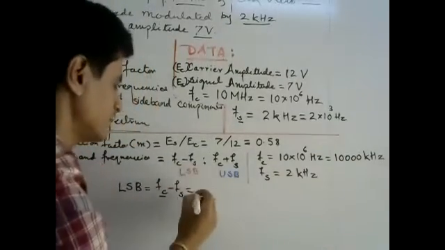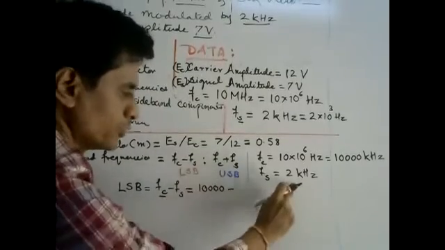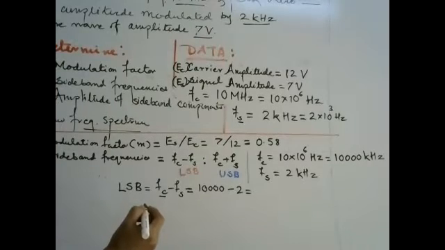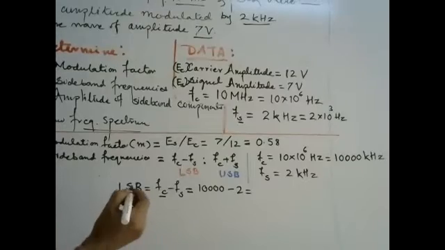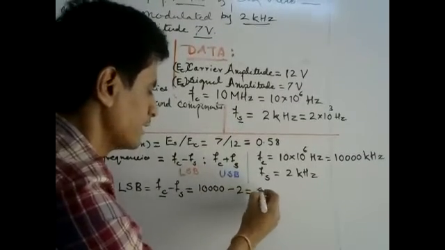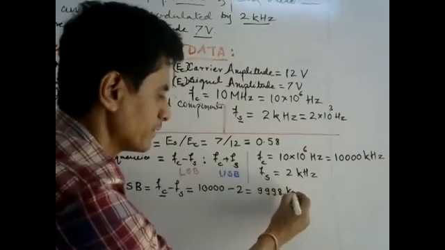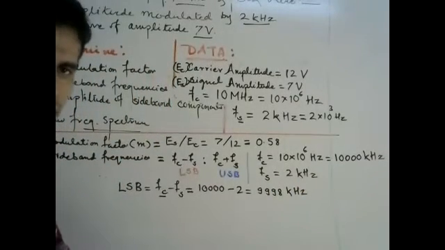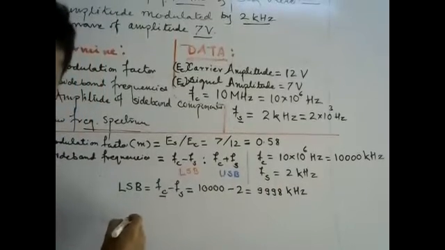FC is 10,000 minus FS, 2. Then what will be the answer? 9998 kilohertz.